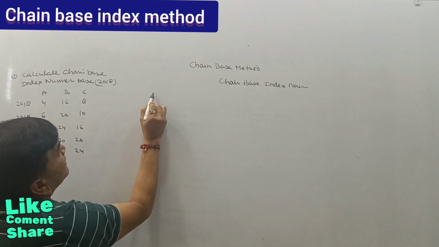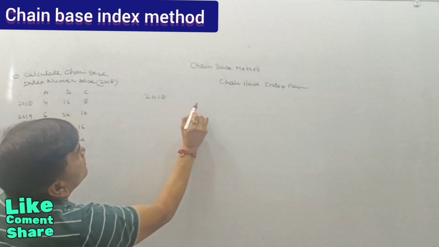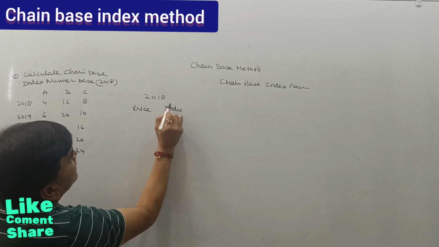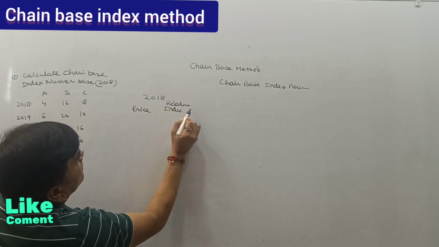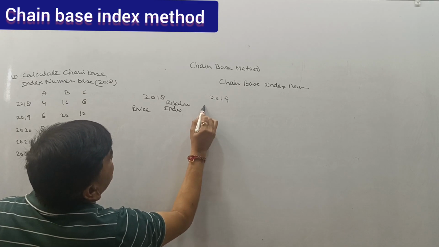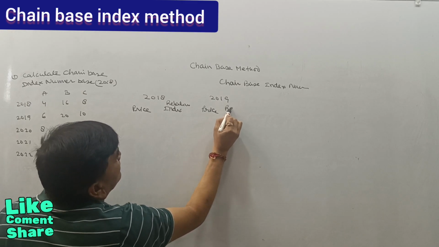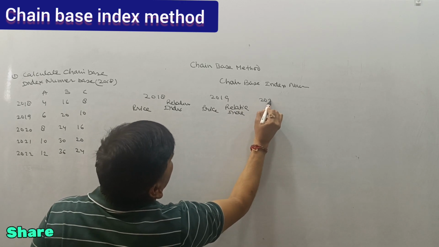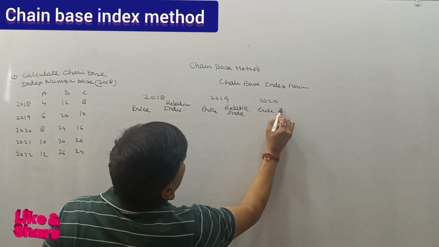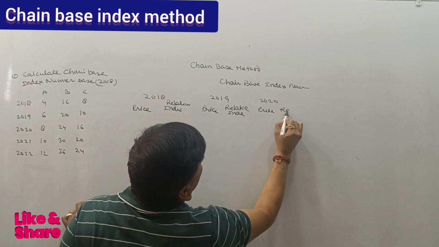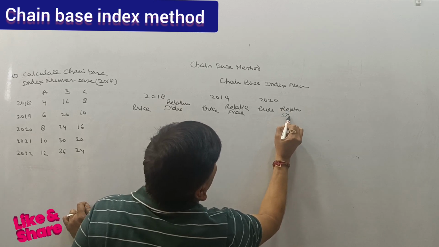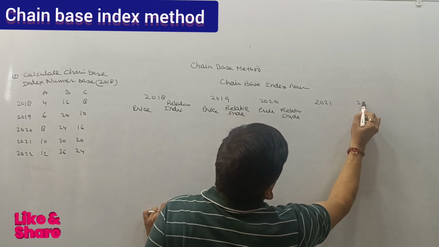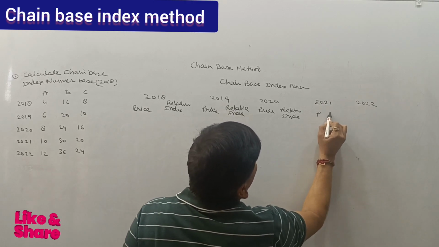Here we will take the years 2018, 2019, 2020, 2021 and 2022, each with price and relative index.